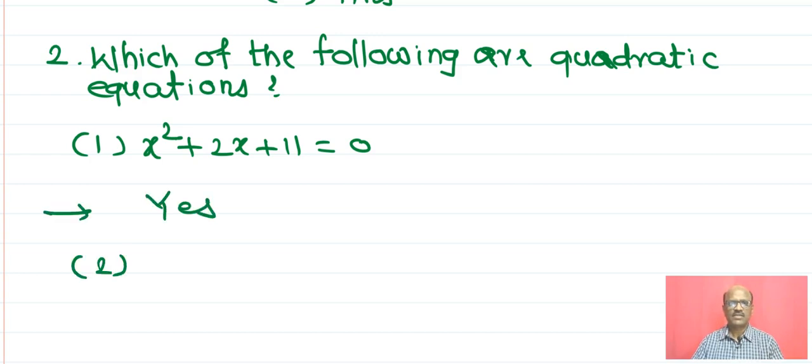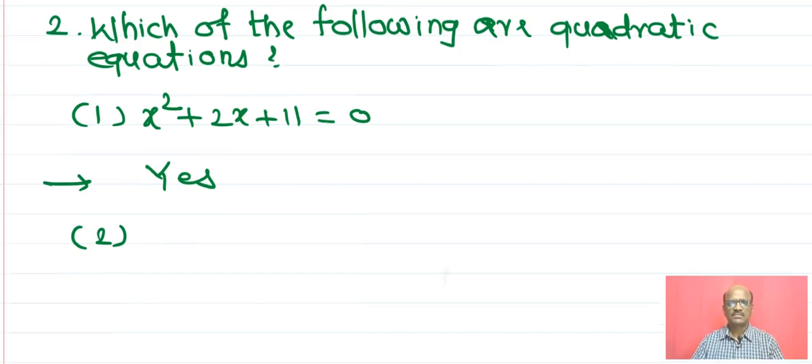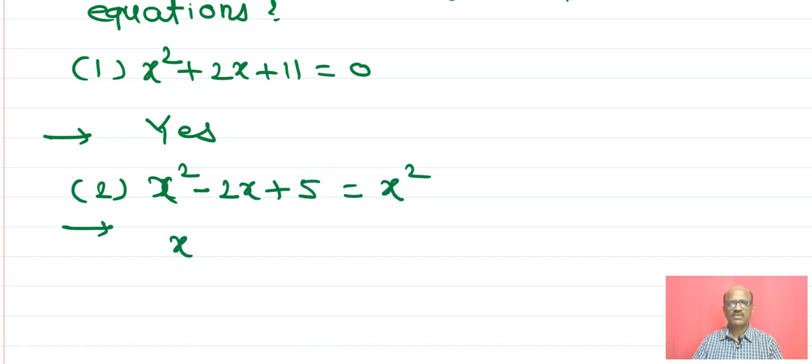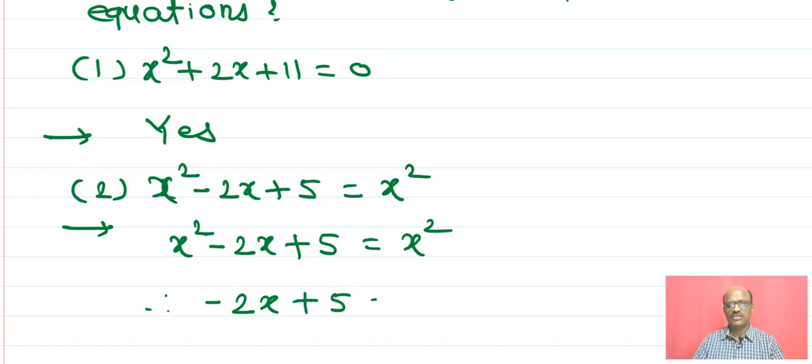Yes, it is a quadratic equation. Second, x square minus 2x plus 5 equals to x square. Now x square on both sides gets cancelled. Therefore, you will get minus 2x plus 5. Therefore, it is not a quadratic equation.